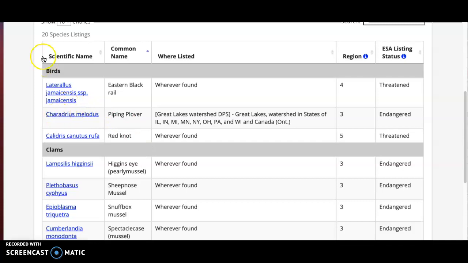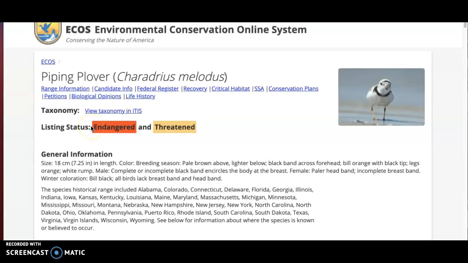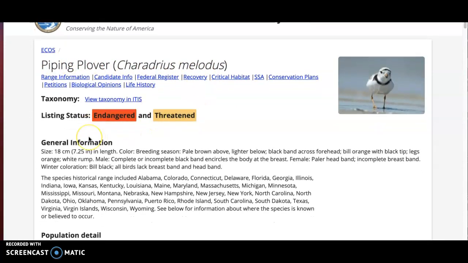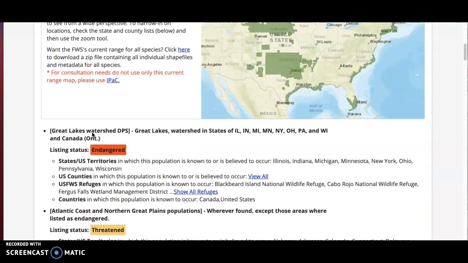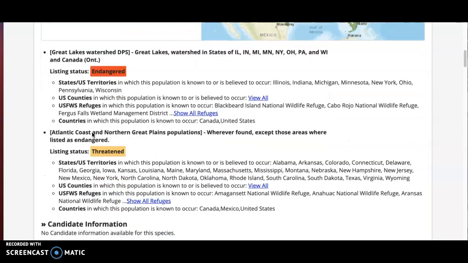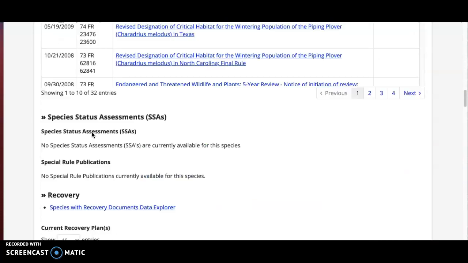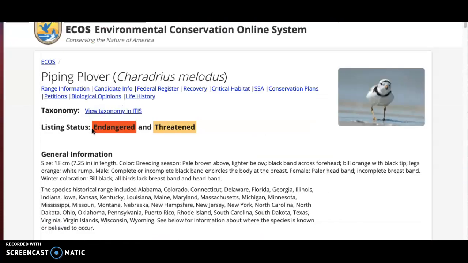It gives you the scientific name and the common name. If you click on that link, it'll pull up the piping plover. Gives you some general information on it. Oh, look here, there's a map. It talks about everything that you need to know on this slide as well.